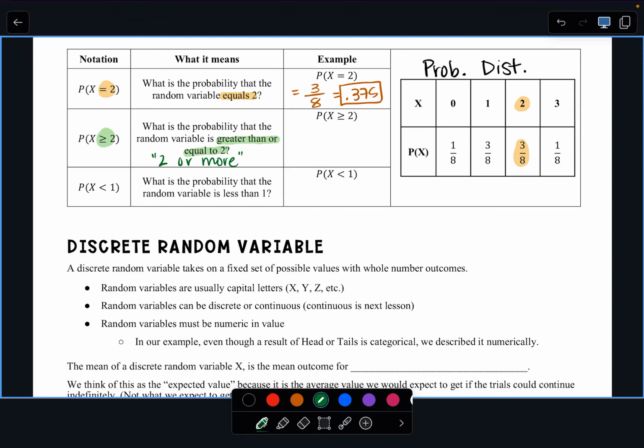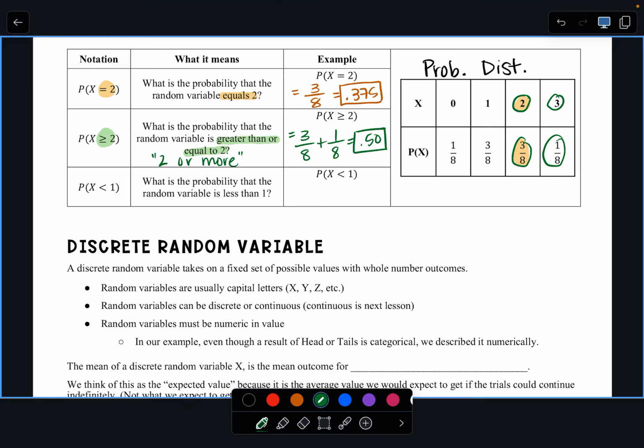So 2 or more would mean that I'm including not only 2, but I'm also going to include 3. So when I calculate this probability, I'm going to take 3/8, 1/8. I'm going to get 4/8, which is just 0.5.